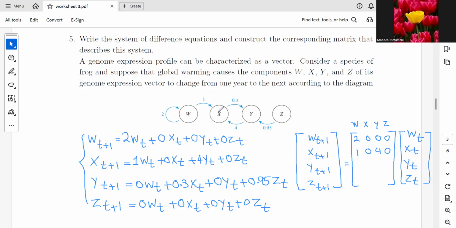Because in order to have X, we would consider the arrows that are pointing to X. It means 1 here and 4 here. Third one will be 0, 0.30, and 0.95. And the last one will be all 0.